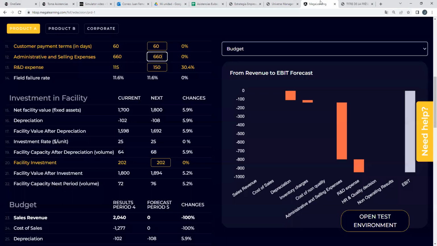And in the simulator, you have investment in facility here. Okay. So for example, for A, in the current round, the other administration invested $202.